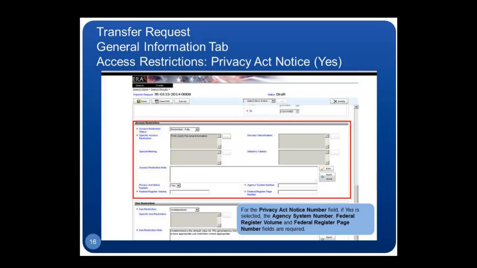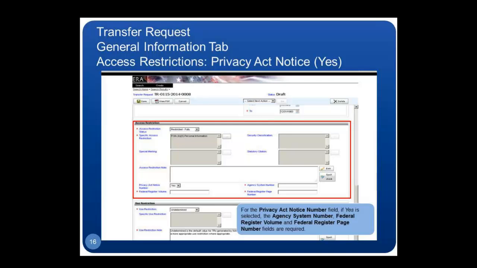If that information is incorrect and there is no Privacy Act information or personal information in those records, you can change that back to no. However, if there is Privacy Act information, if these records are part of an agency system of records under the Privacy Act, you must use the three accompanying fields: the agency system number, I think that's sometimes called the SORN, the Federal Register volume, and the Federal Register page number in which that Privacy Act System of Records notice was published.